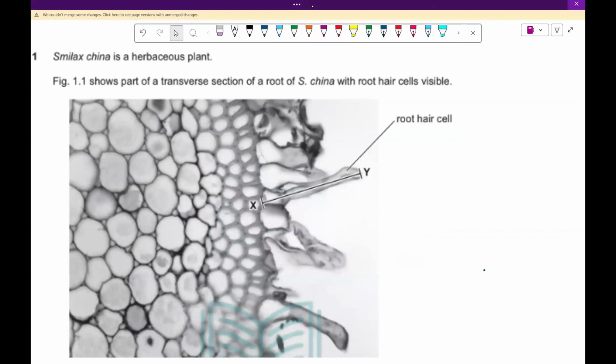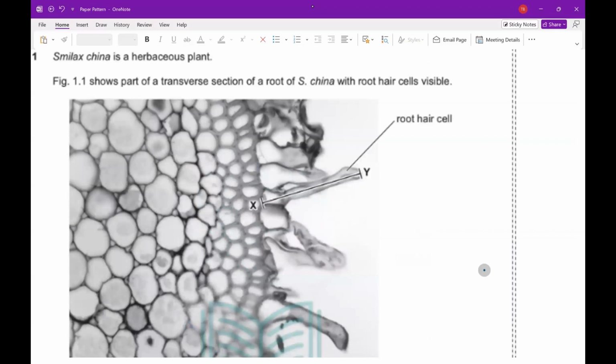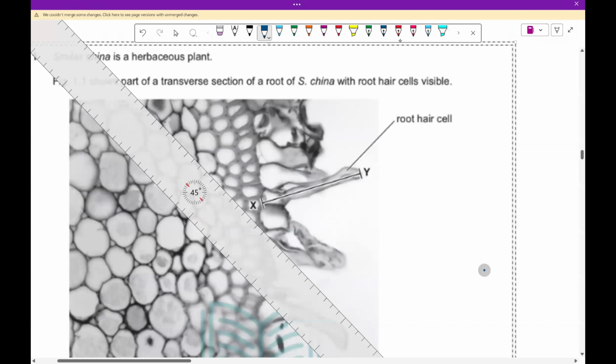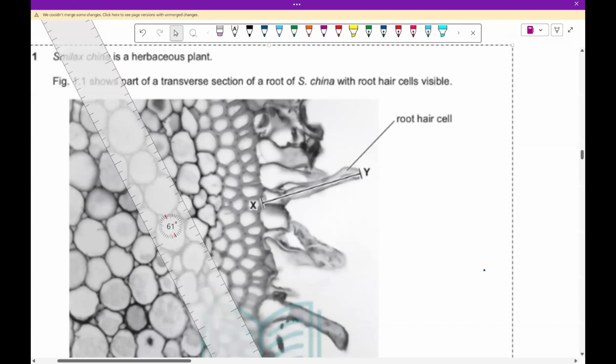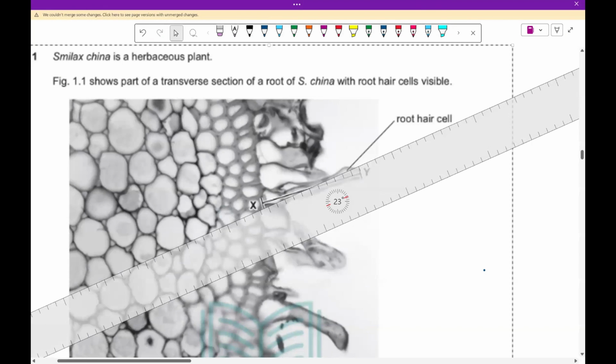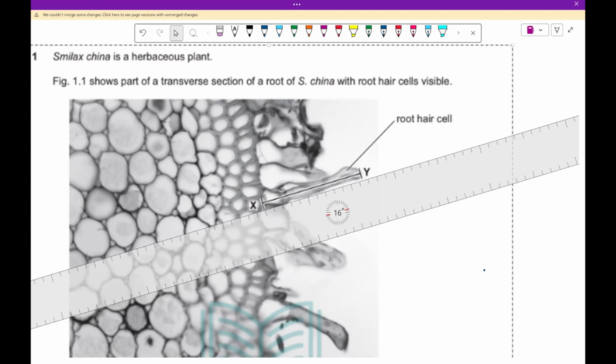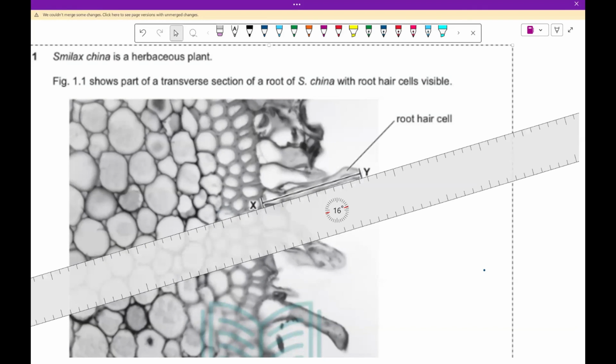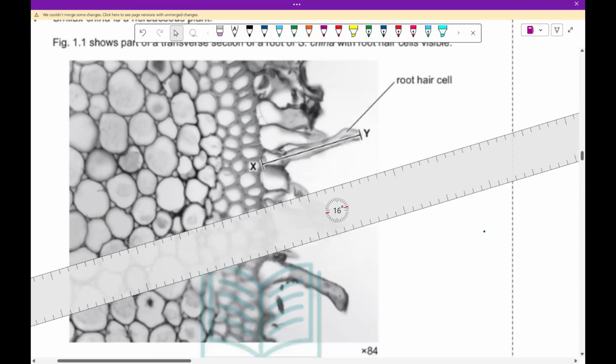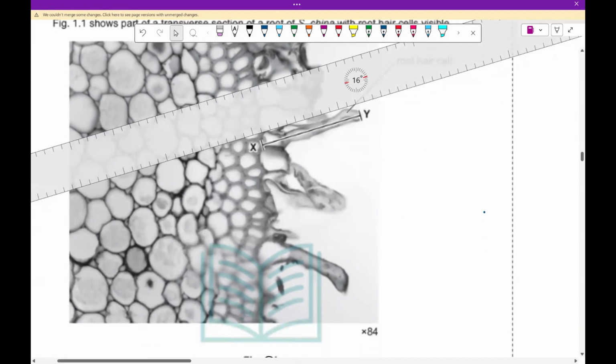Right now, since it's not to scale like in the paper which we will have physically, we can just estimate it. Let's say this is around, with the ruler over here, 1, 2, 3, 4, 5, 6, 7, 8, 9, 10, 11.